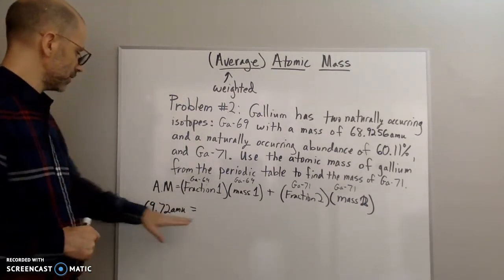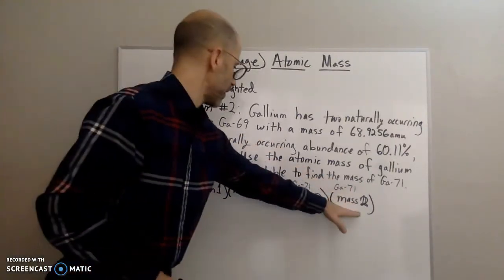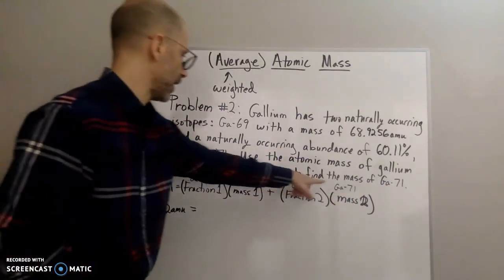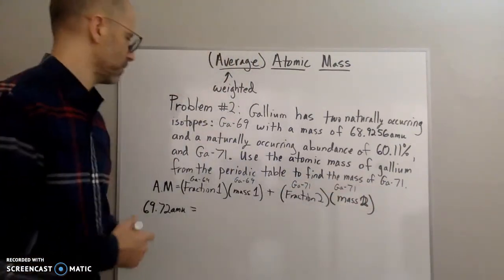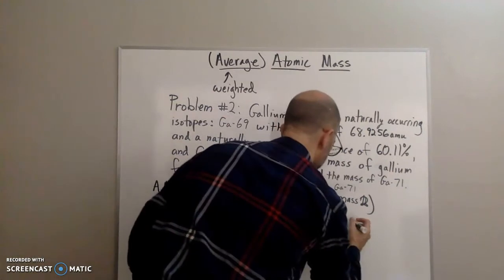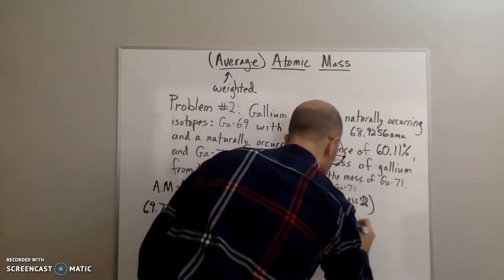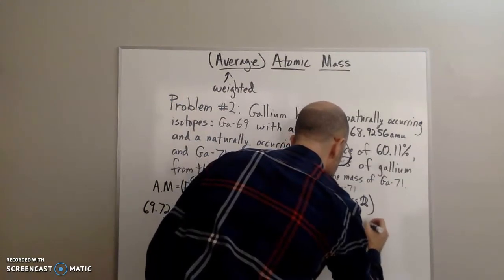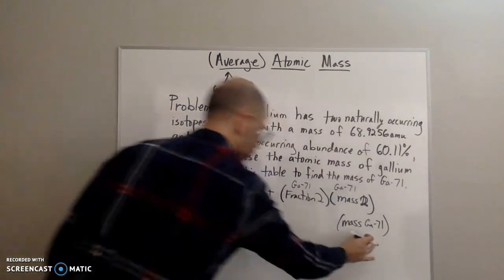That's the atomic mass. And they're asking us to find the mass of gallium-71. So we need to find this. This is going to be our X, right? The mass of gallium-71. So that's what we're looking for.